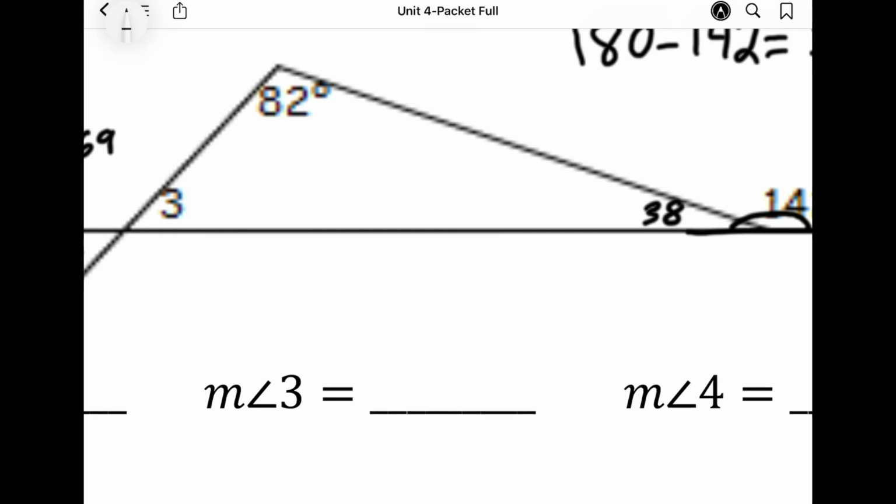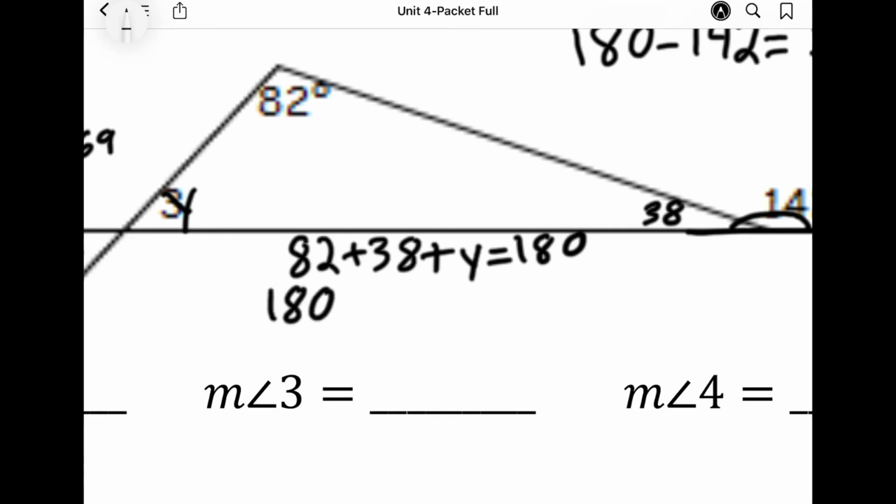So either you can do 82 plus 38 plus a random variable, let's say y, equals 180, or you could do 180, because all of them have to equal 180, and subtract the 2 angles you know. This would also give you that angle y, which is 60 degrees.